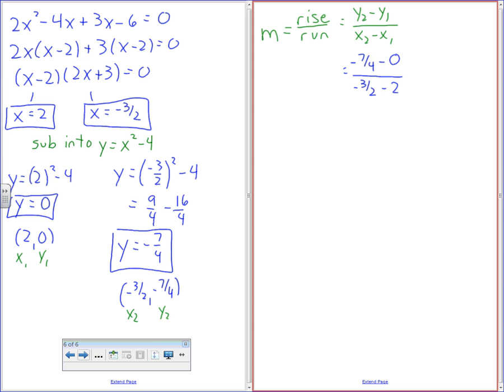Okay, so let's do some fraction work then. This turns into -7/4 divided by -3/2 minus 4/2. So this is -7/4 divided by -7/2. Are you okay on the logic for that?